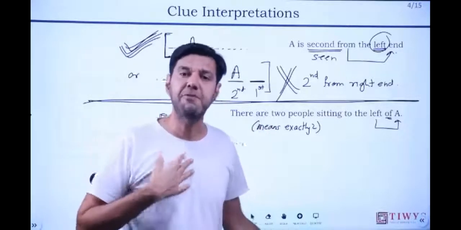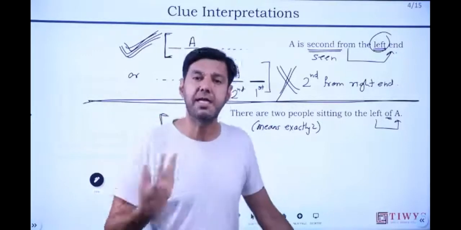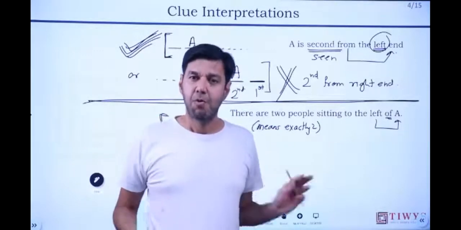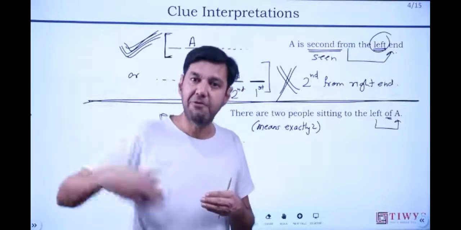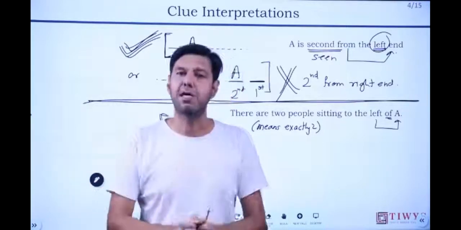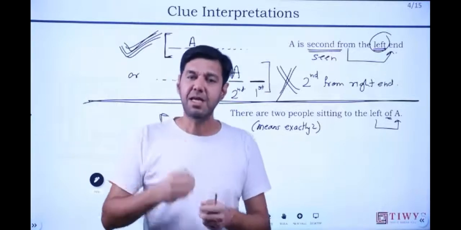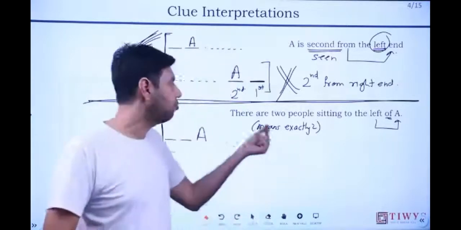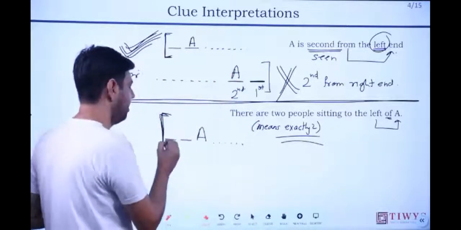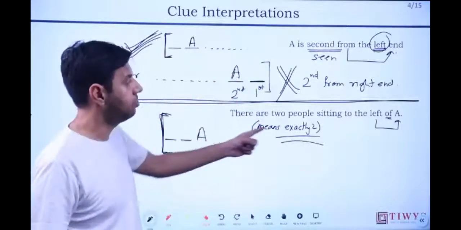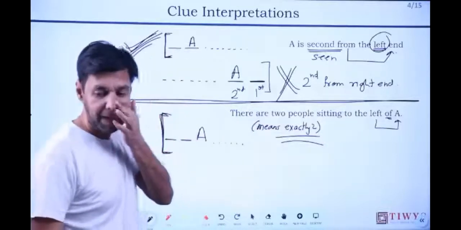Like for example, if I tell you in 10th I got 80 marks, does it mean I got 80, 81, 82, 83, 84? No, it means I got 80 marks only. So if there are 2 people, it means exactly 2 people, and that's it. Are we okay with this? So this is also about an end statement, right?